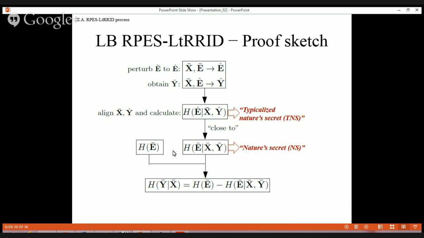This term is the information that the encoder will never find out, even if it has both X and Y. Or the other way to interpret it is that even if the encoder has the edit history, by sending the edit history, it sends redundant information, which will equal this term, this nature's secret term.